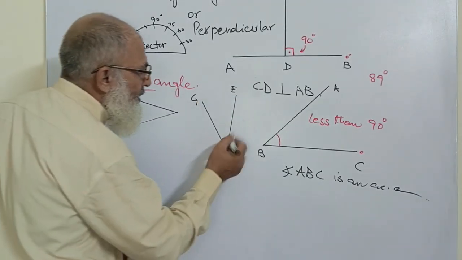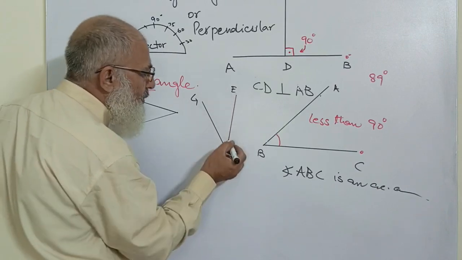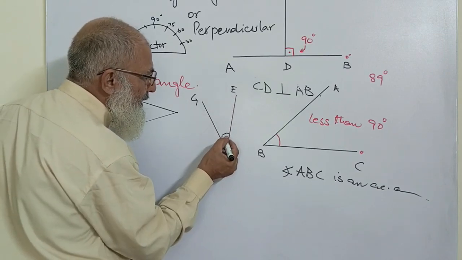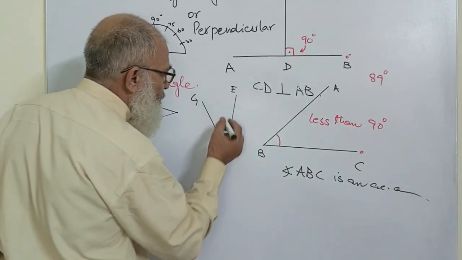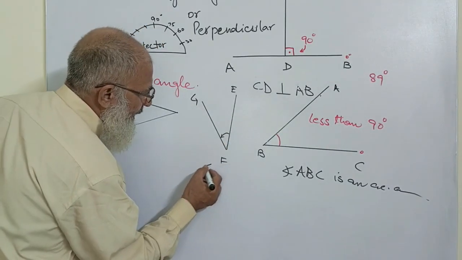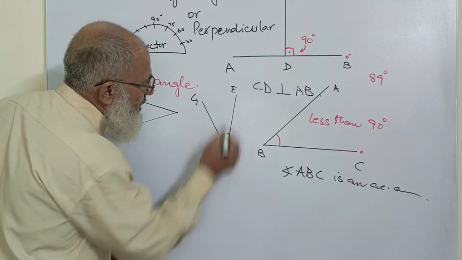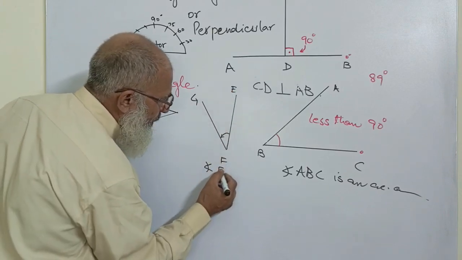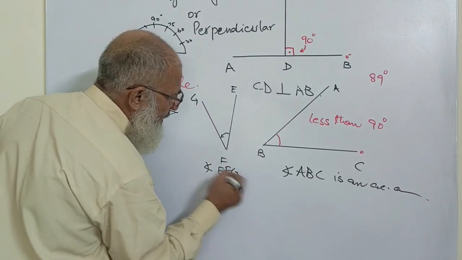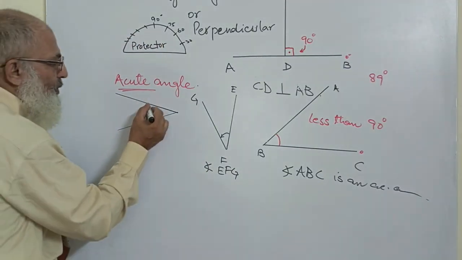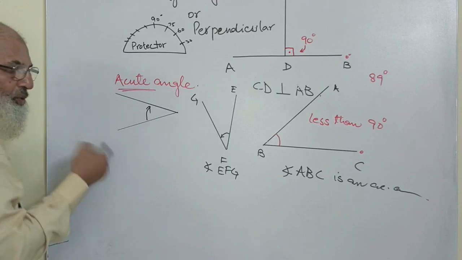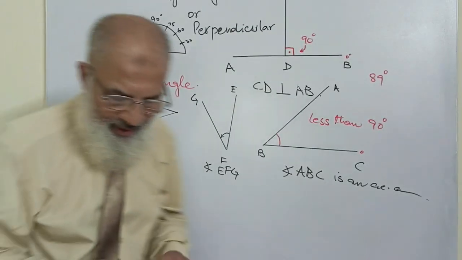Even then, if you go from here to here, you see that it is less than 90 degree. So angle EFG is also an acute angle, and similarly this one is also an acute angle. You may name it by yourself.